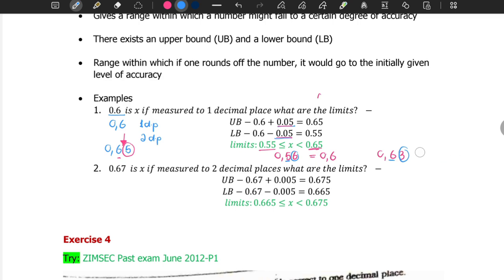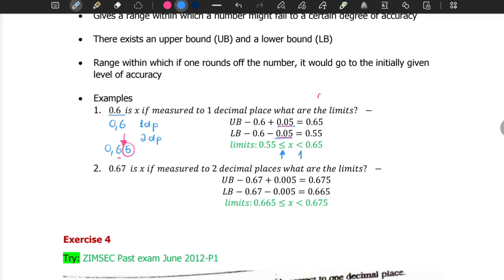So you're trying to find what numbers give you the range at which anything between those two can be rounded to give you 0.6 to one decimal place. Anything greater than or equal to 0.55. This equal to is important because even at 0.55, rounding it to one decimal place, you get 0.6.